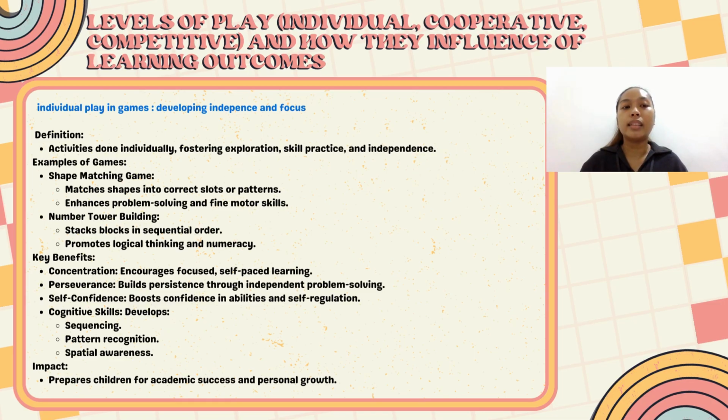Children gain a sense of accomplishment when they solve challenges on their own. They improve confidence and self-regulation as they learn to handle frustration and stay focused on finishing tasks. Furthermore, such activities improve cognitive skills like sequencing, pattern identification, and perception of space, which are essential to academic achievement.